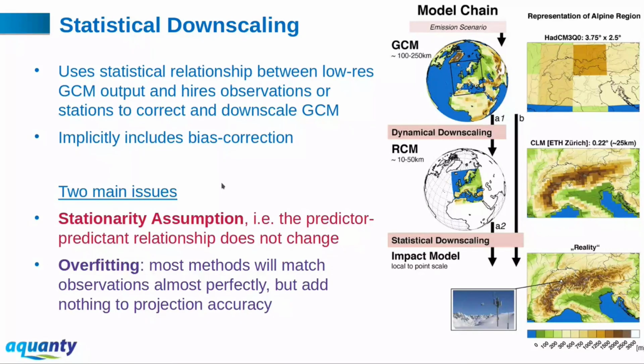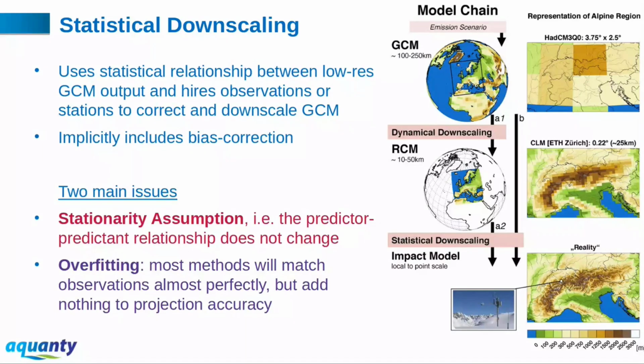But there are two main issues that you have to contend with. And the biggest one is the stationarity assumption. The way statistical downscaling works is that you're deriving a predictive relationship about how a variable output in a global climate model relates to a small scale value on the ground at a very high resolution.